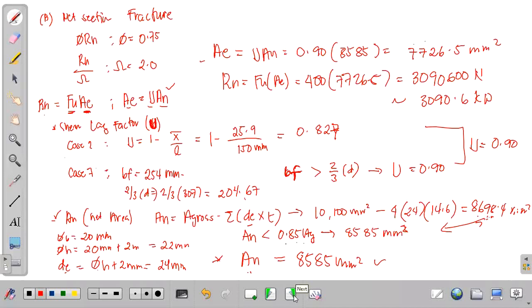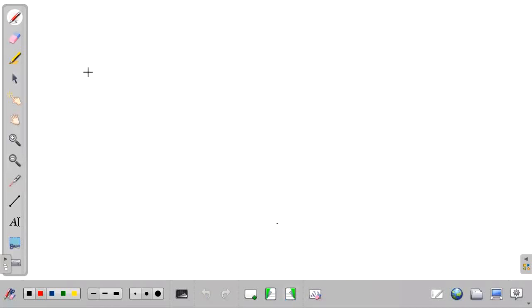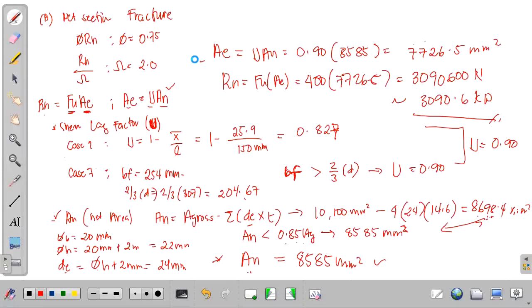Pero hindi pala yung sagot natin. Ang hinahanap natin is the value of our design tensile strength against section fracture, and then the allowable tensile strength against fracture. So phi, sabi natin, ang phi natin, 0.75 times Rn natin, yung Rn na na-solve natin is 3090.60.